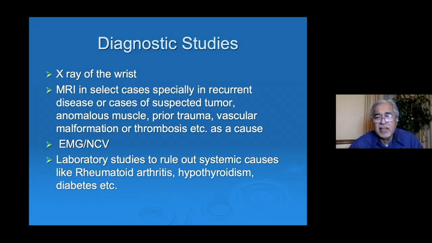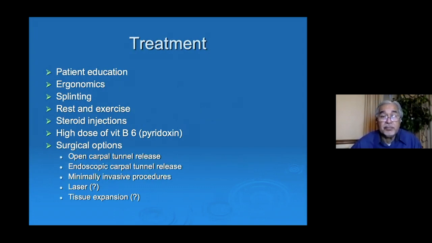MRI in select cases, especially recurrent disease, to rule out incomplete release of the carpal tunnel, as well as anomalous muscle, prior trauma, vascular malformation, or thrombosis as a cause of carpal tunnel syndrome. The most important study which we do is EMG and nerve conduction velocity studies. And lab studies have to be done to rule out systemic problems like rheumatoid arthritis, hypothyroidism, diabetes, etc.